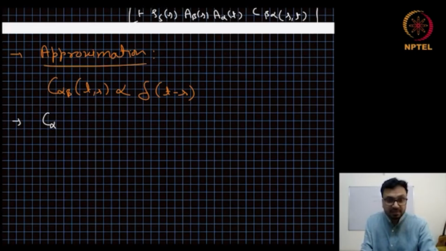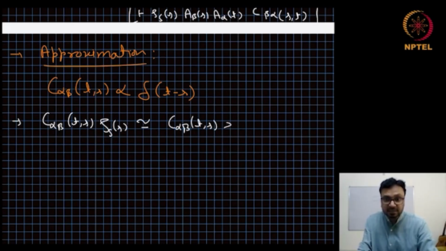Therefore, we can write C alpha beta (t,s) times rho s at s to be the same as C alpha beta (t,s) times rho s at t. So this is the property of a delta function, that the delta function times any function at time s is the same as the same delta function and the other function at time t.